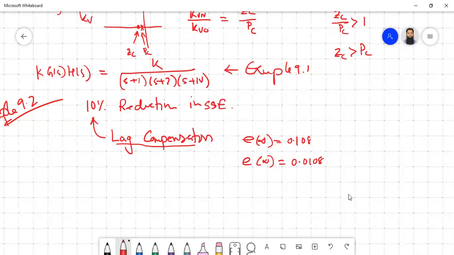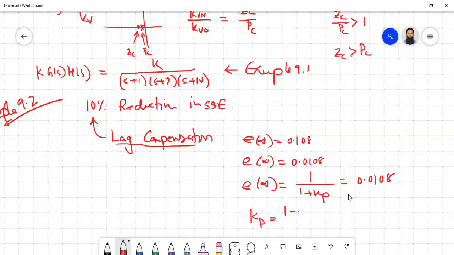Because of this, the formula for the error was 1 by 1 plus Kp, which is 0.0108. If you figure out the value of Kp after a bit of manipulation, you will see that (1 minus E infinity) by E infinity is the value of Kp.